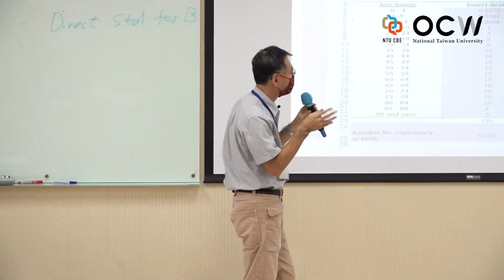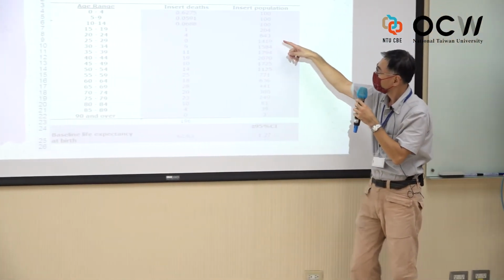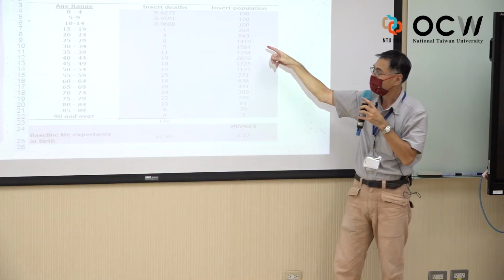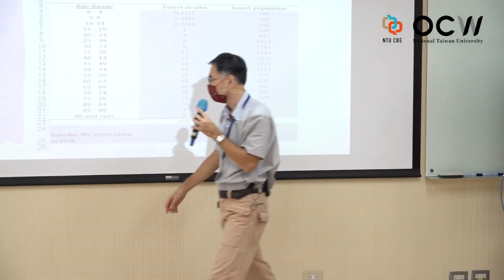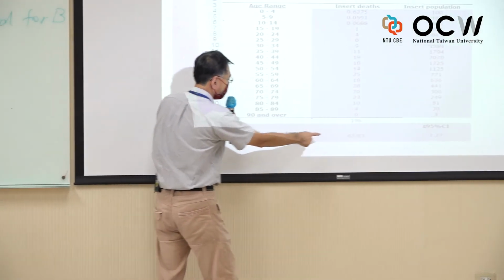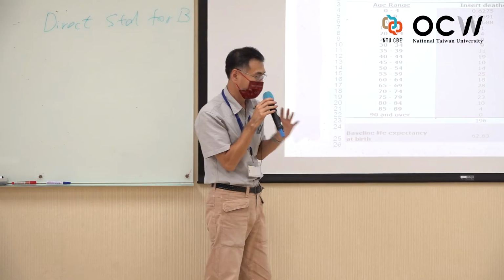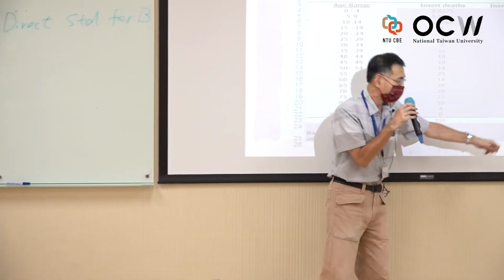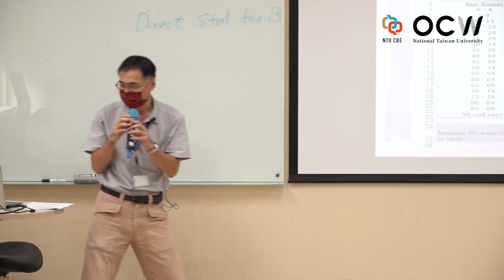So just simply put in the number of people under your observation and the number of deaths during your observation period. And then it gives you the estimation of the life expectancy at birth, straightforward, with 95% confidence interval estimated. Okay, so it's very straightforward.